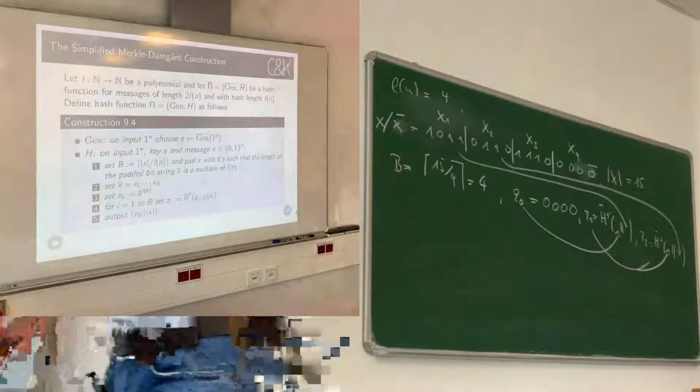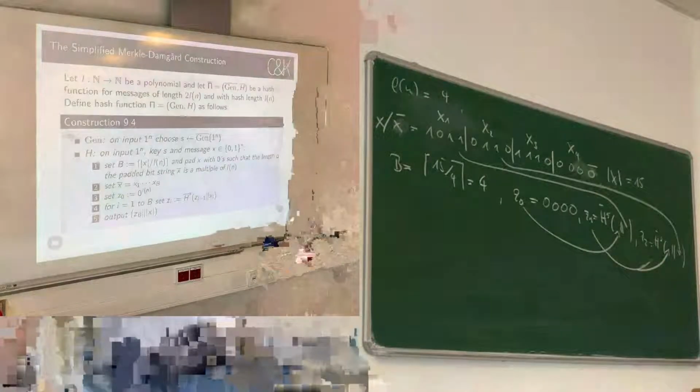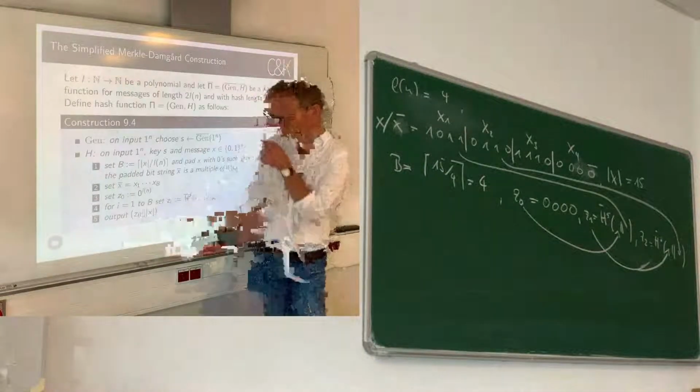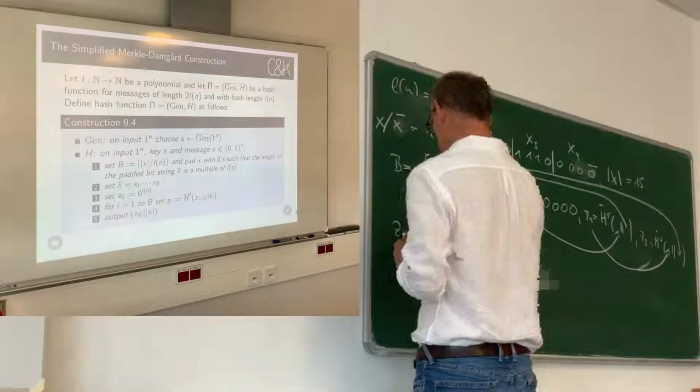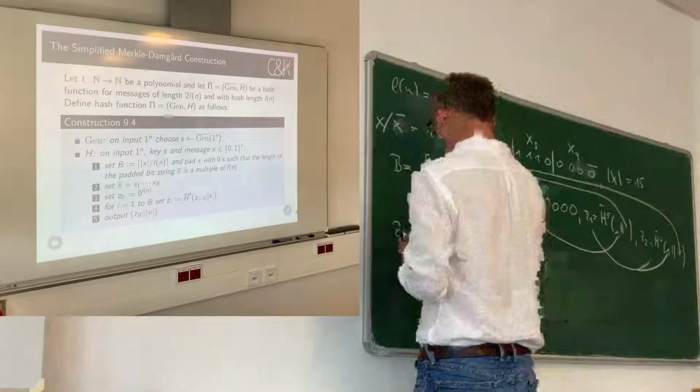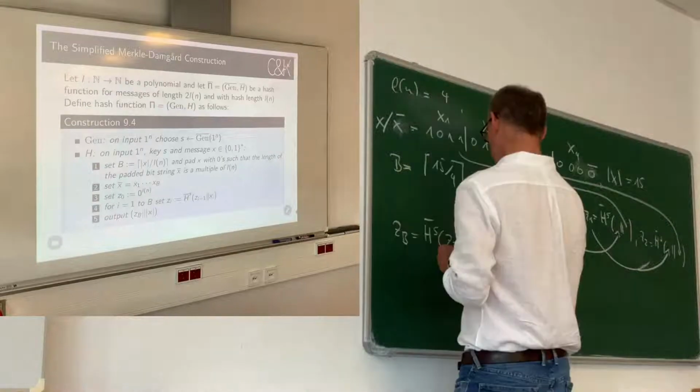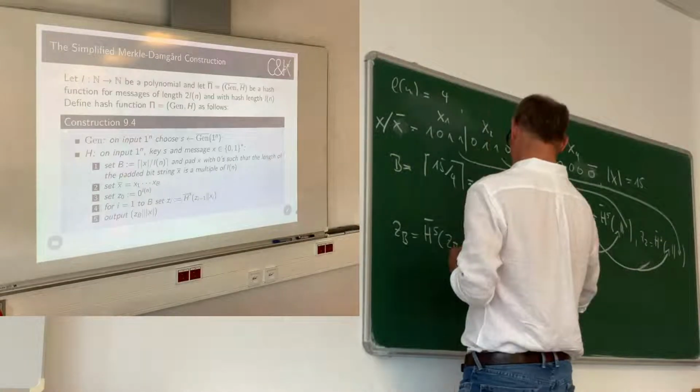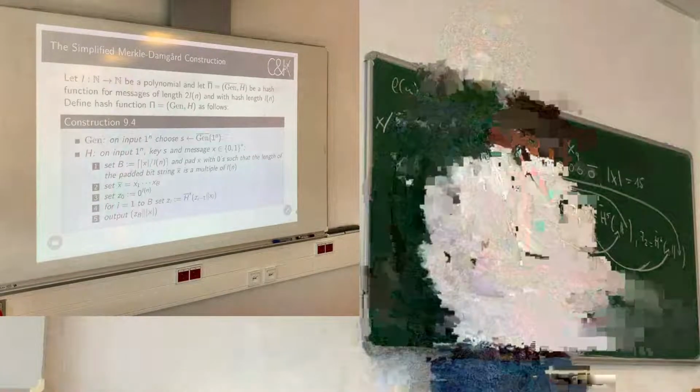And eventually I output the last value Zb, which is h bar of s on Zb minus 1 concatenated with the last block.